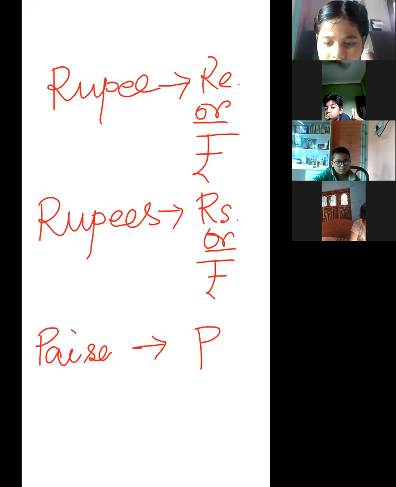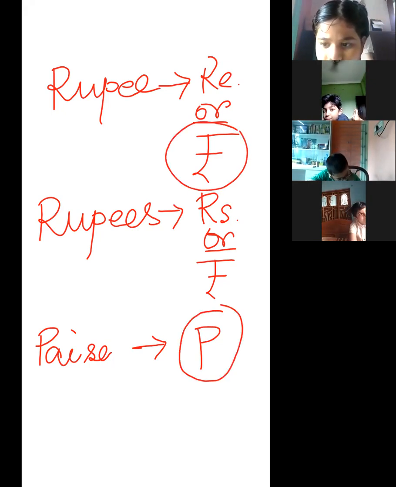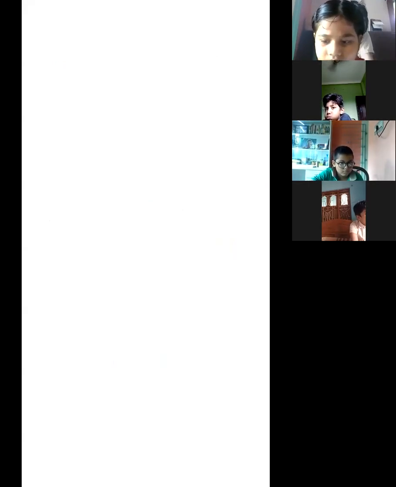Now there is a relation between this rupee and paise. Before that, let me show you some notes and coins. Suppose for rupee, a 1 rupee coin is there. It looks like this. Let me show you.